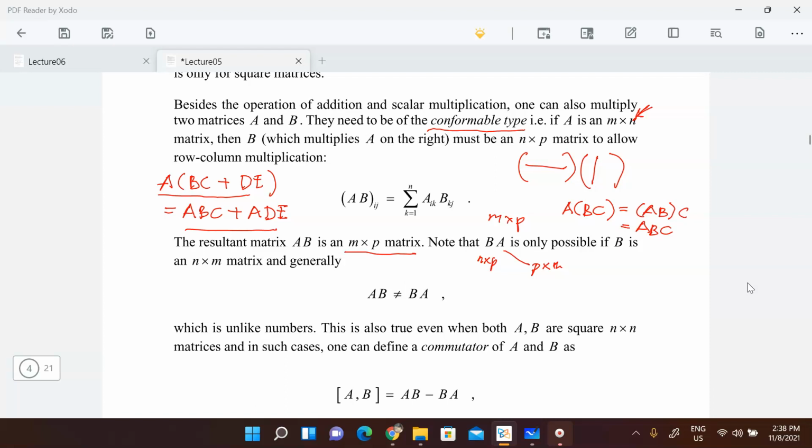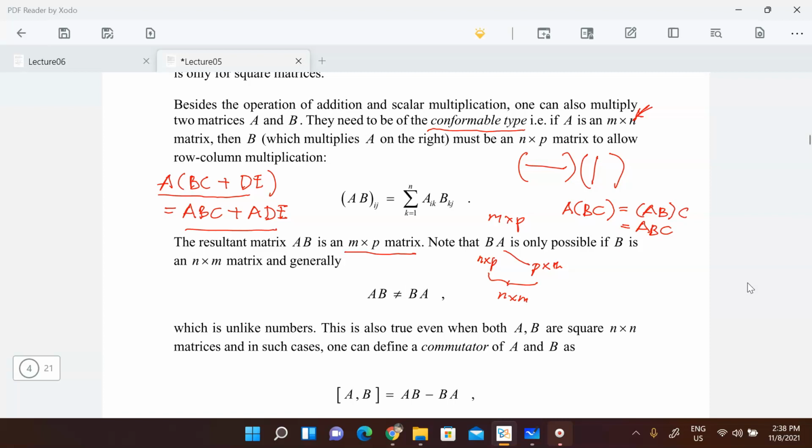So here is M by P, and this will be an N by M. So you multiply these two together, it's N by M.